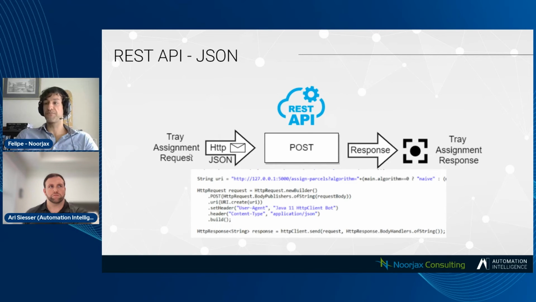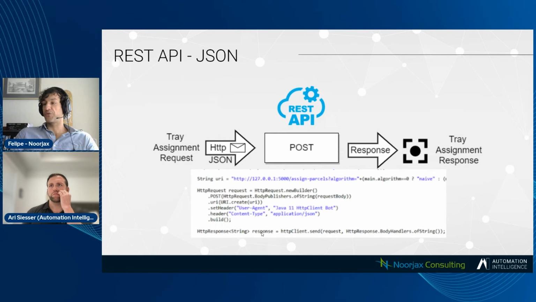So the same way you have a tray assignment request, you want to know where to put the parcels, in which trays, and you create an HTTP request using JSON as the body, and you use the POST method that comes with this request because you want to put the JSON message in the body of what you're sending. So you see down here that you can use directly a URL, which has some parameters that you can define in the URL, and the rest is information that comes in JSON format.